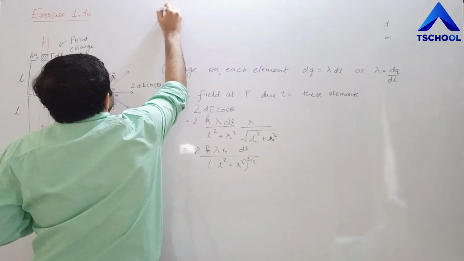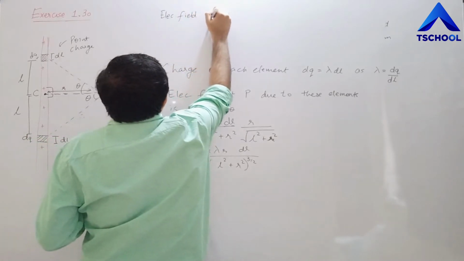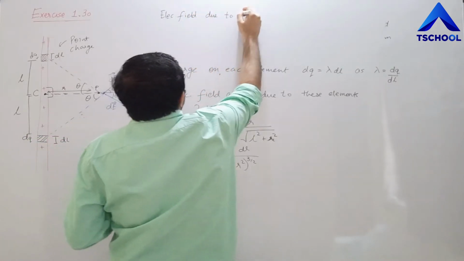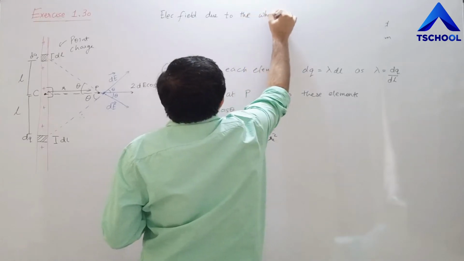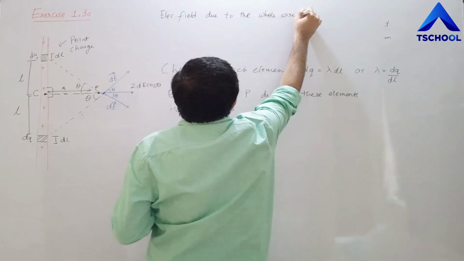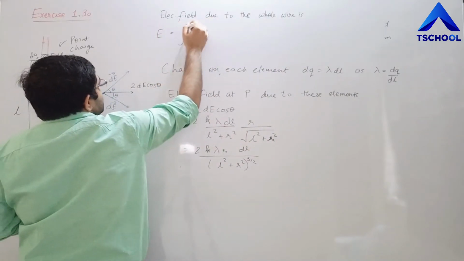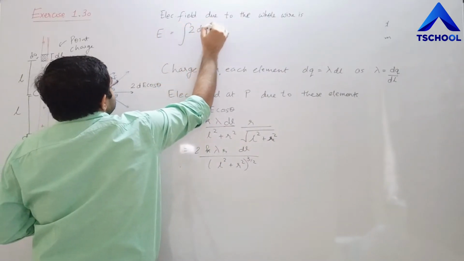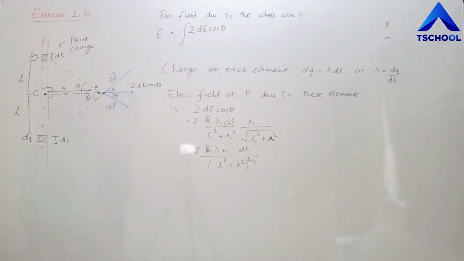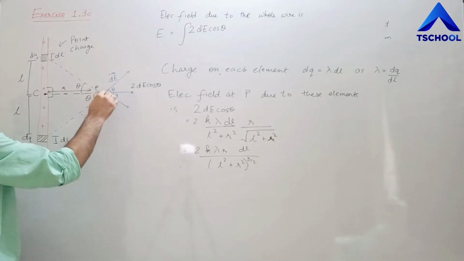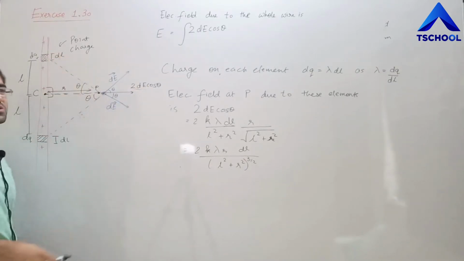So I could write the electric field due to the whole wire, E obviously, is the integration of 2 dE cos theta. I hope you realize why we have to do integration of 2 dE cos theta, right? Because this is the net field at this point due to both of these.